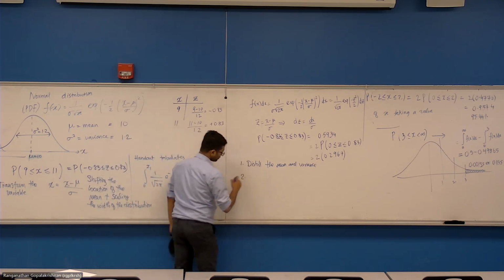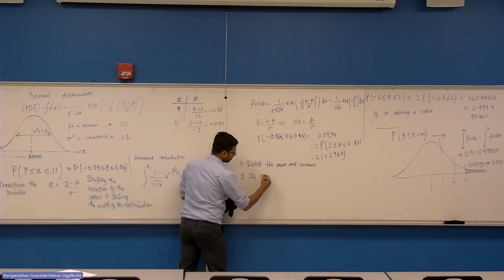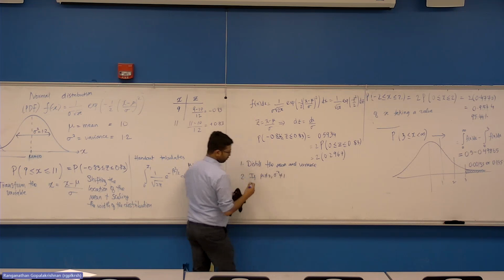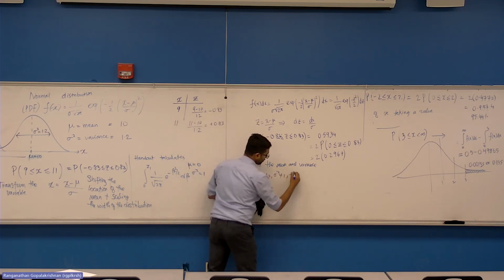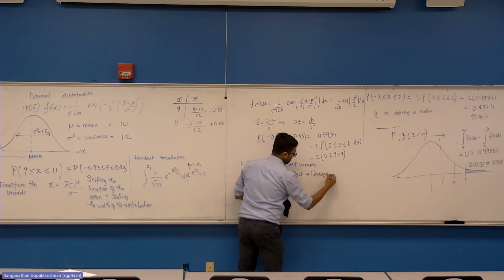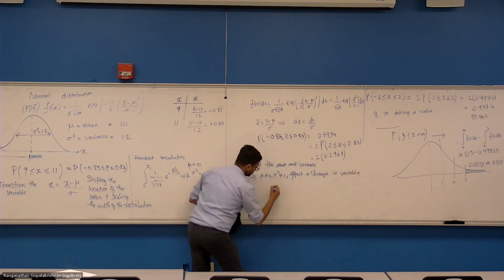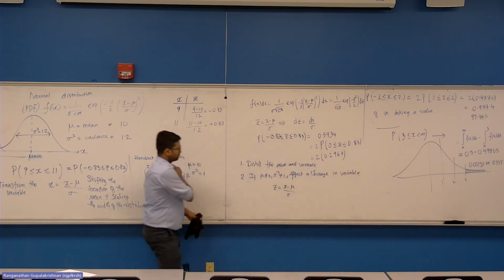Number 2, if the mean is non-zero or the variance is other than 1, effect a change in variable: z equals x minus mu divided by sigma.